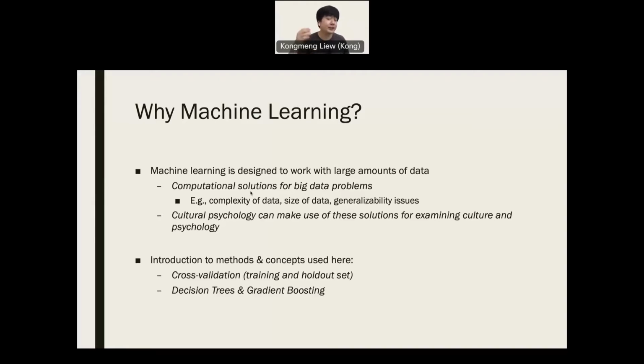And so with issues like generalizability or fitting, I think machine learning is more adapted to take care of these problems. And being in cultural psychology, we can take some of these already developed solutions and use them to identify culture and cultural differences within these kinds of psychological research paradigms.